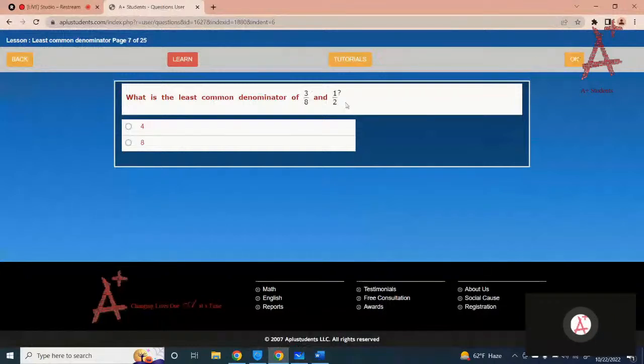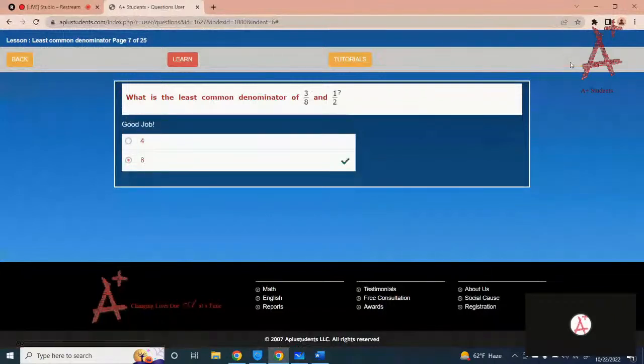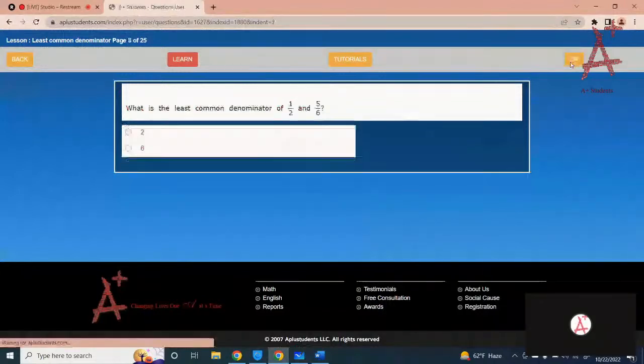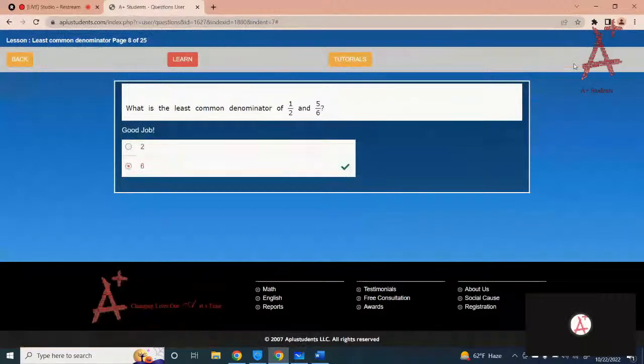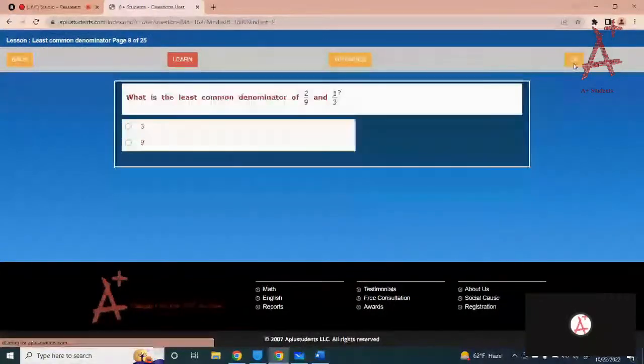Yes, it is 8. Okay, what is the least common denominator of 1 by 2 and 5 by 6? Yes, it is 6. The least common denominator is 6. Just select the correct option and click on the OK button.